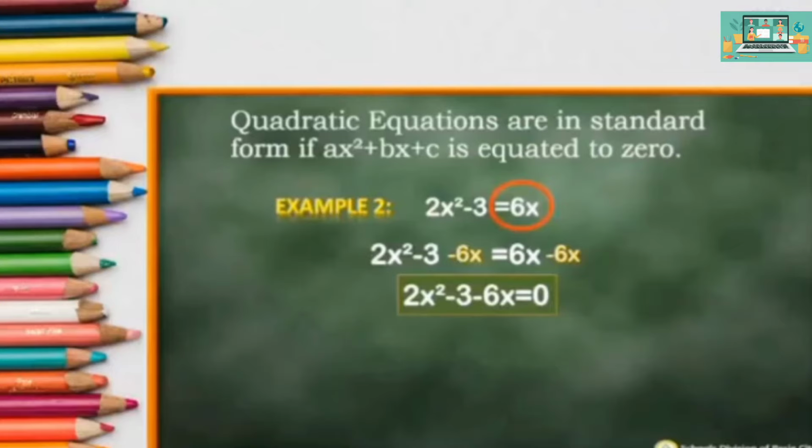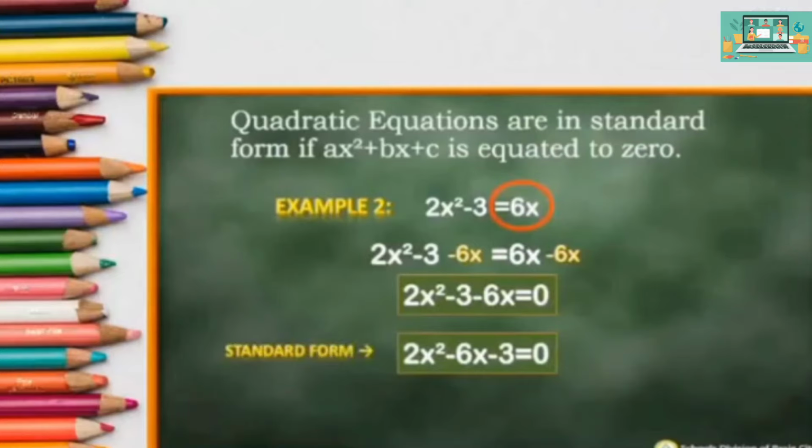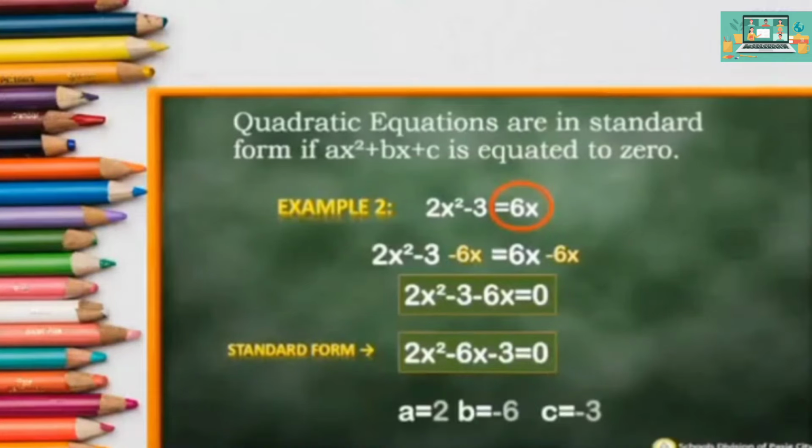So we have 2x squared minus 6x minus 3 equals 0 as the standard form of our quadratic equation. So in here, the numerical value of a is 2, b is negative 6, and c is negative 3.